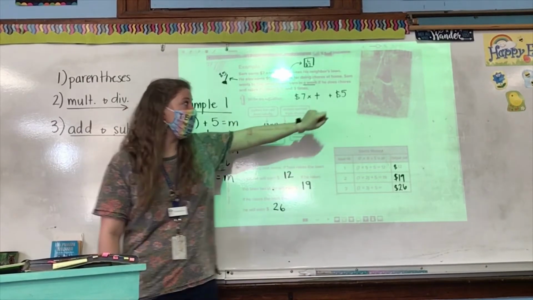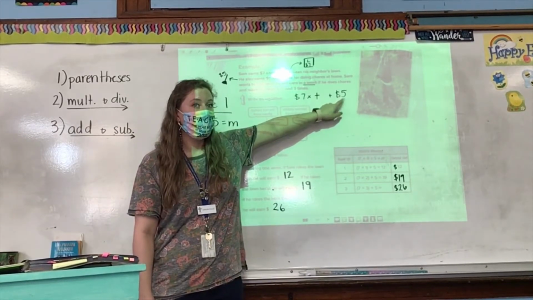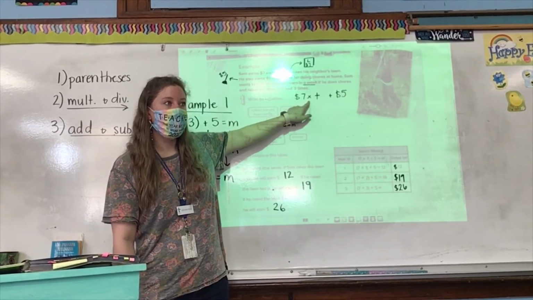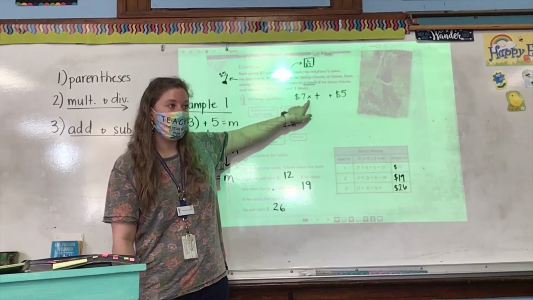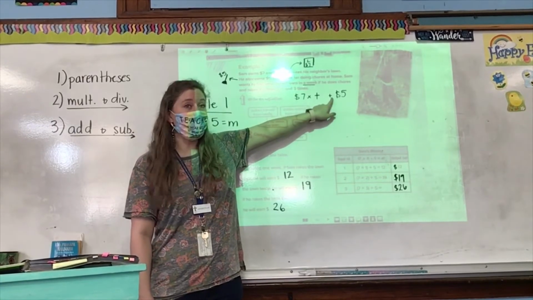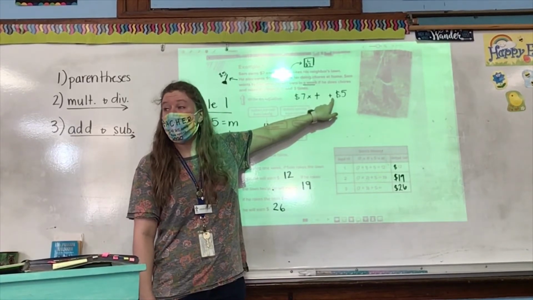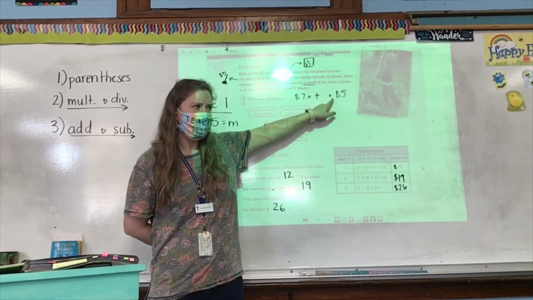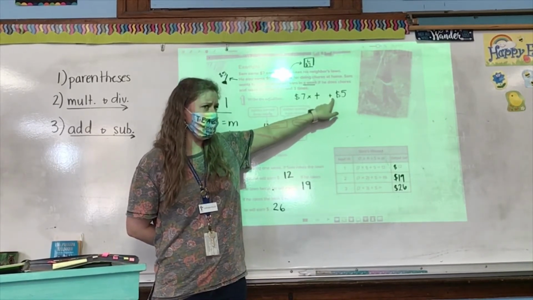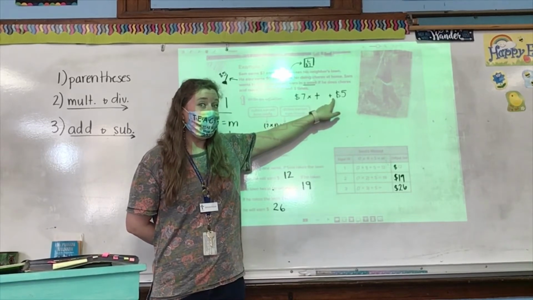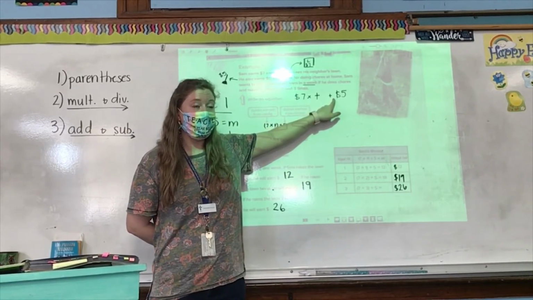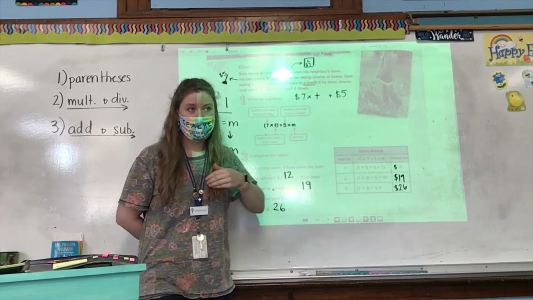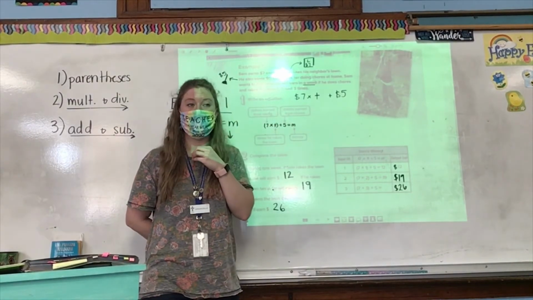If it's happening more than once, or you're breaking it up more than once, you're going to multiply and divide. If it's only happening 1 time, you're adding and subtracting. And then, like the lesson we did on Monday, you might have to do the adding and subtracting first, like when the boy had the cars and he lost 2, and then he divided them amongst himself and his cousins.